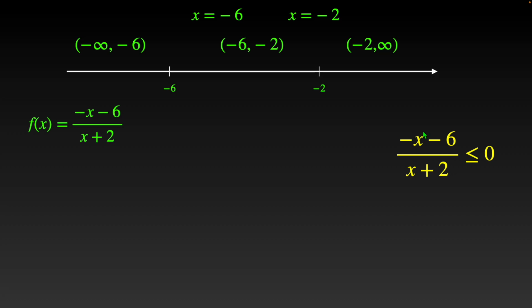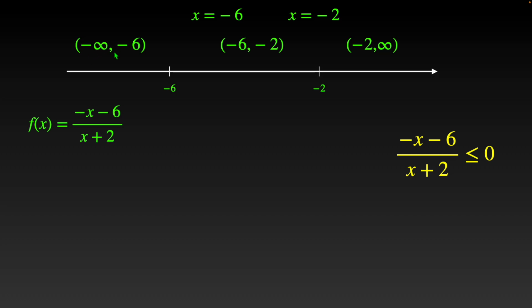We want this expression to be less than 0. So we'll pick a point in each set, plug it in here, and see whether we get a negative or positive answer. Because we want less than 0, if it's a negative number, the set will be part of our solution. If it's a positive number, then we will not include the set in our solution.